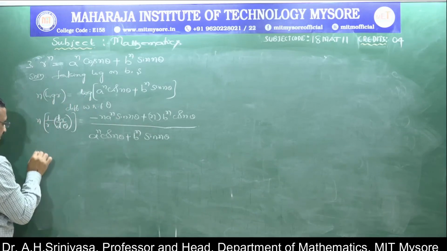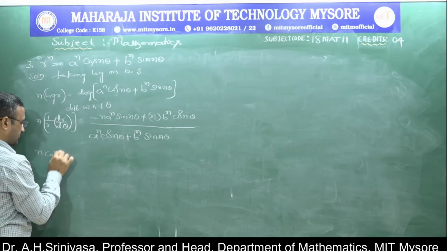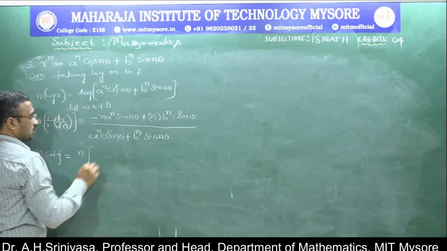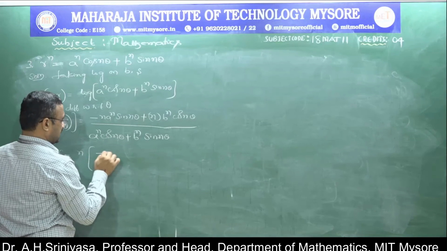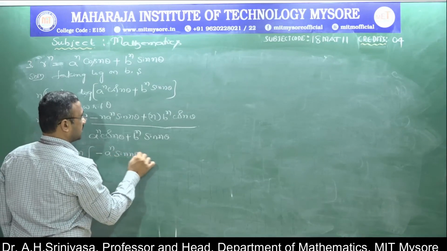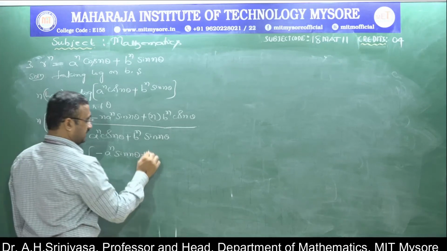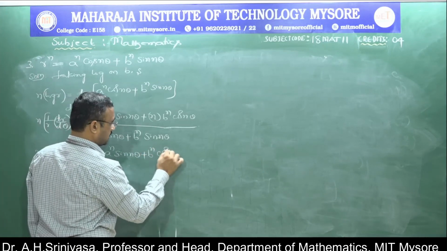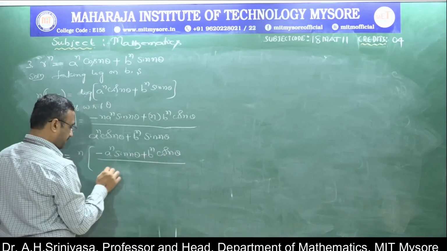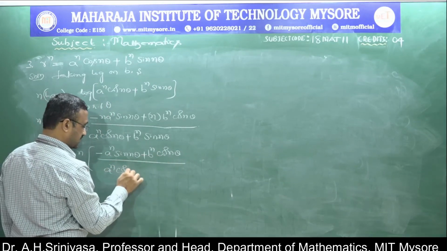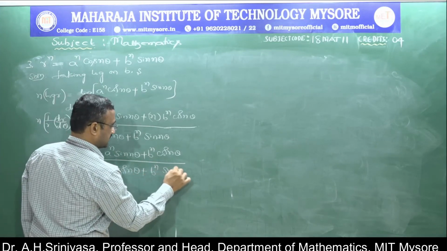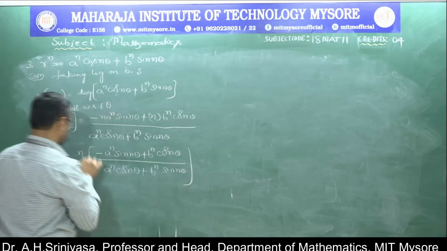So n into a cot phi value should be equal to minus a power n sin n theta plus b power n cos n theta, then whole divided by a power n cos n theta plus b power n sin n theta.